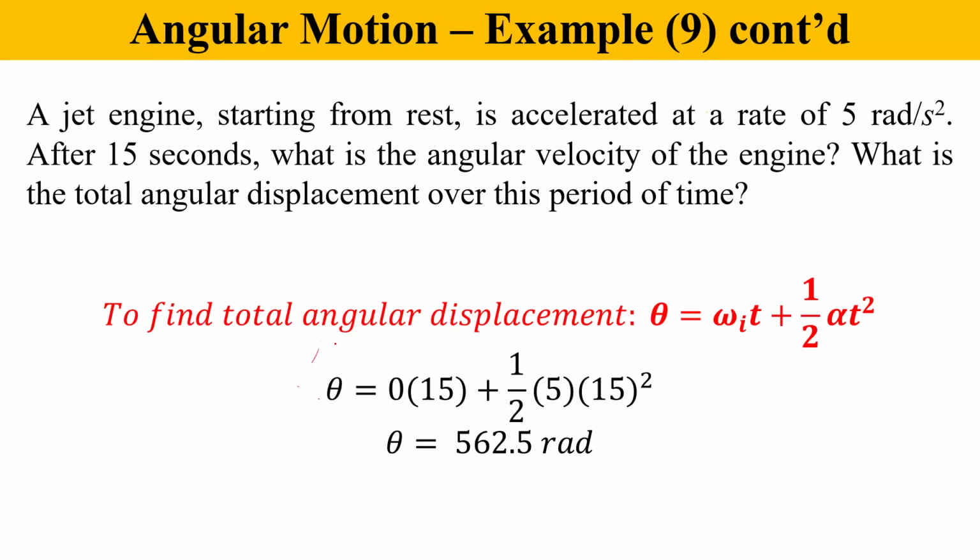Your first part of the expression drops out, and you're only left with half times 5, which is the acceleration here in rad per second squared. And then you have to square your time. So that gives you 562.5 rad.